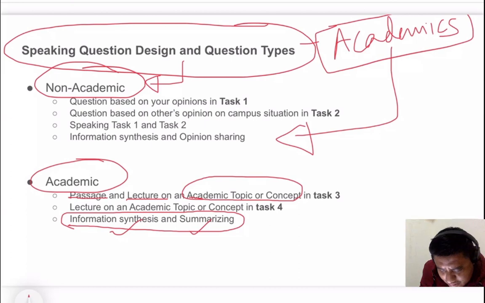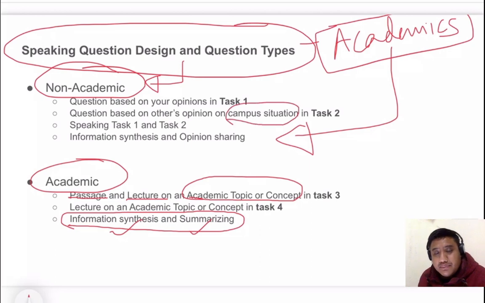Usually it has to do with a campus situation. A campus situation means the kinds of situations that you get into when you study at a particular university.